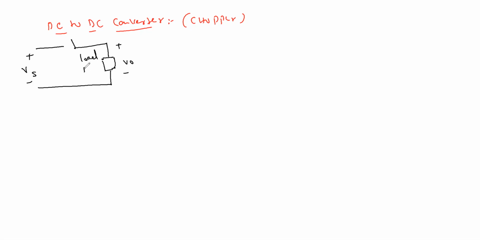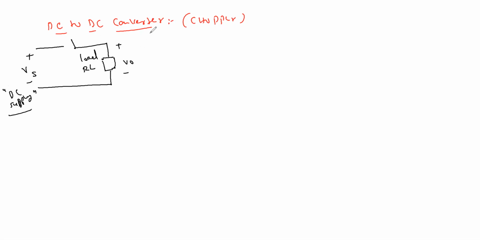An inductor should be there definitely, RL. So what is happening here now? VS is continuously giving DC supply. This is DC. First time you are using a DC supply, and you want to get the output voltage also DC.